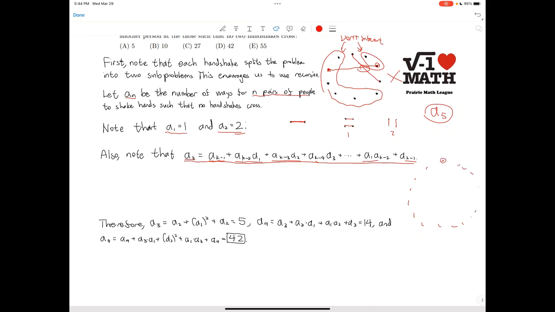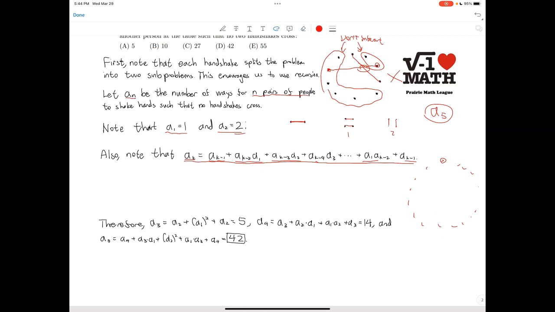Starting from here, you can draw to any one of these, but you can only draw to half of them, because if you draw like this, then you get an odd number of points here and an odd number of points here, which is not allowed. Both of these are forbidden.